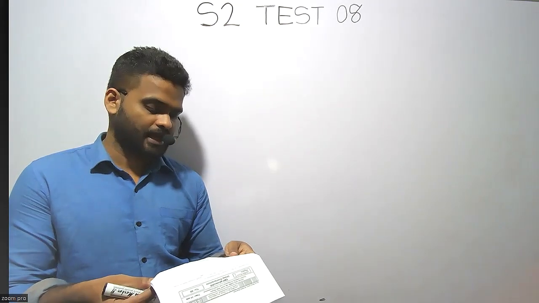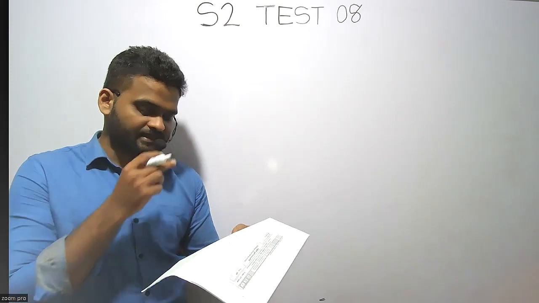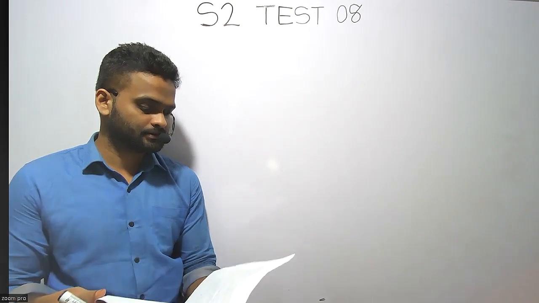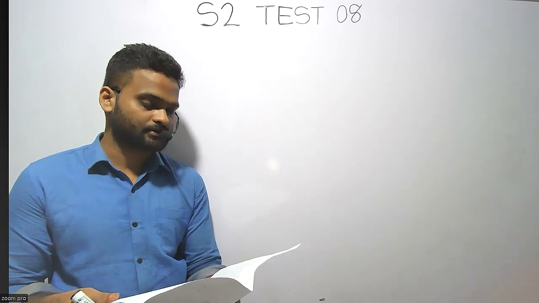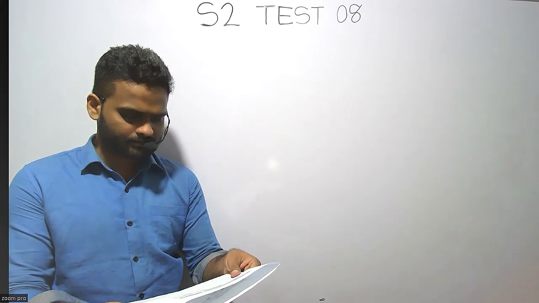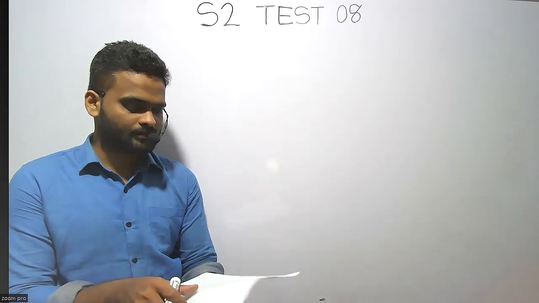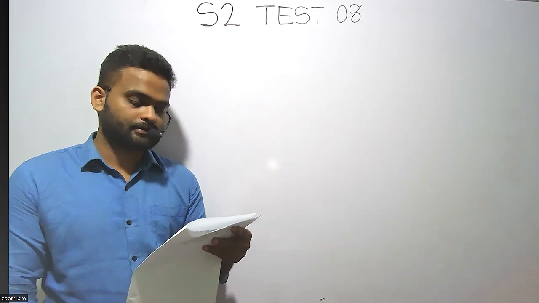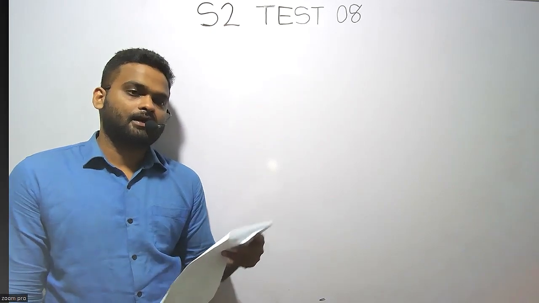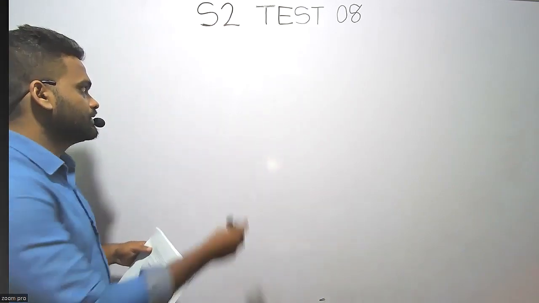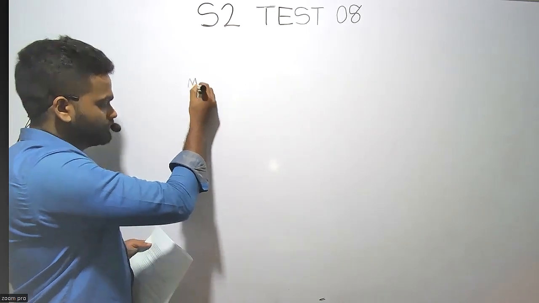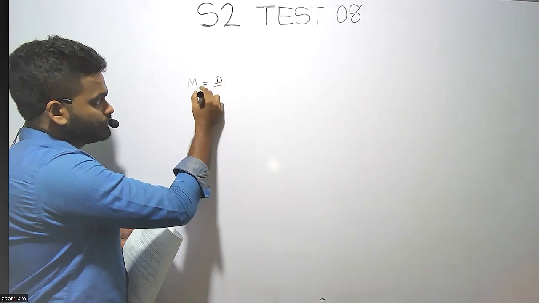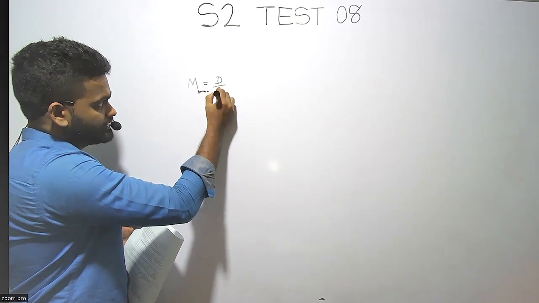Okay, then 9th question. To get maximum angular magnification from a simple microscope, the object should be placed slightly beyond focus. As you saw earlier, for the maximum one you get this equation, right?